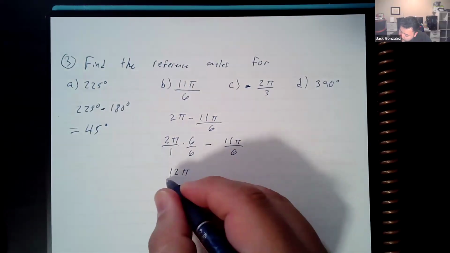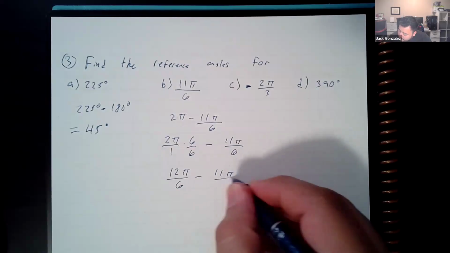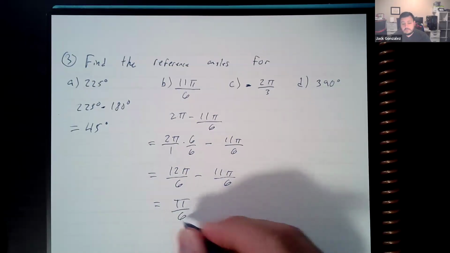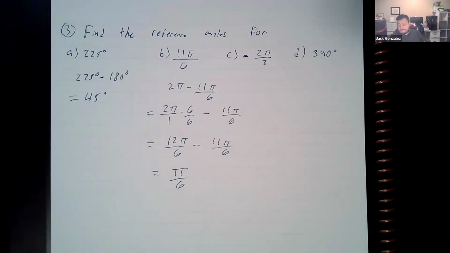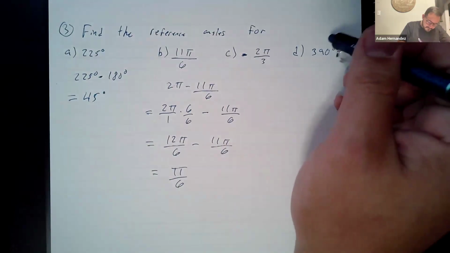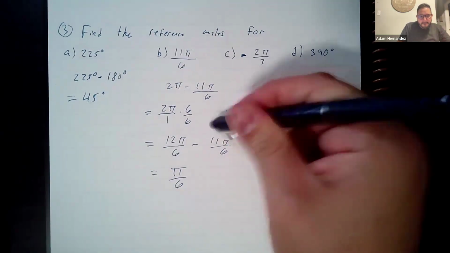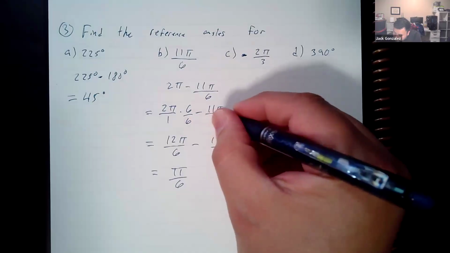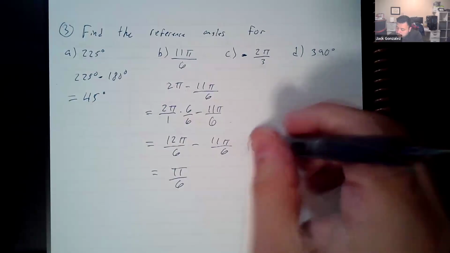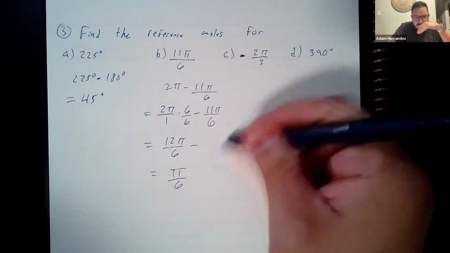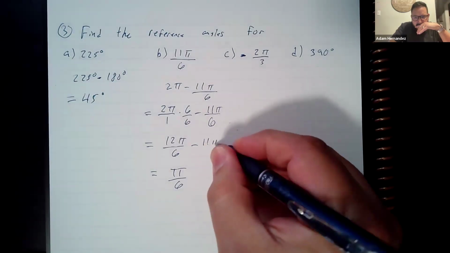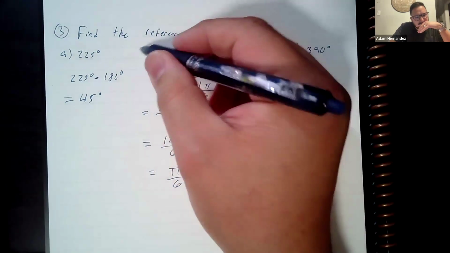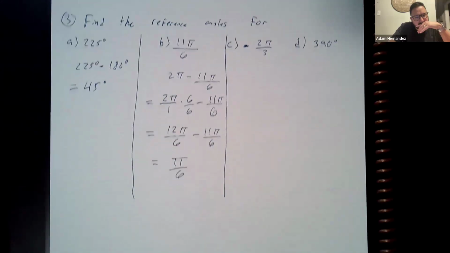That gives me 12 pi over 6 minus 11 pi over 6, which is pi over 6, which is your 30 degrees, right? Okay. Let me make that prettier.